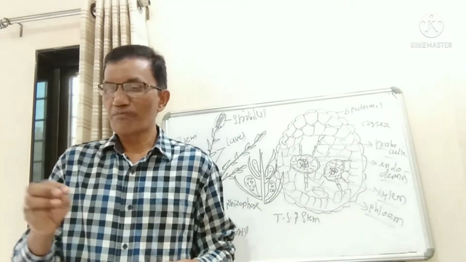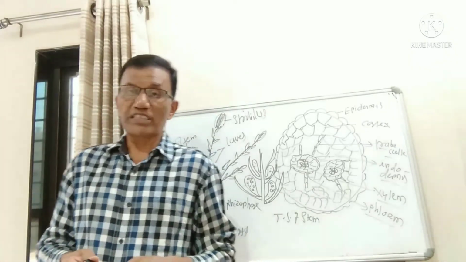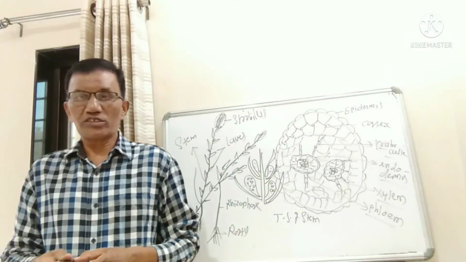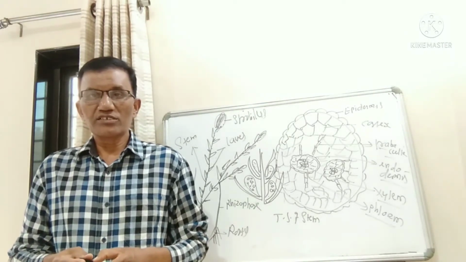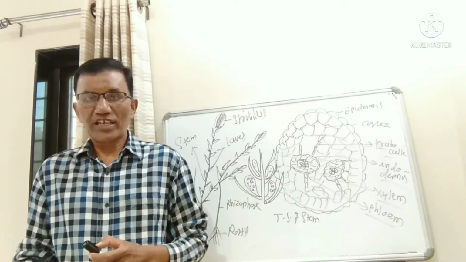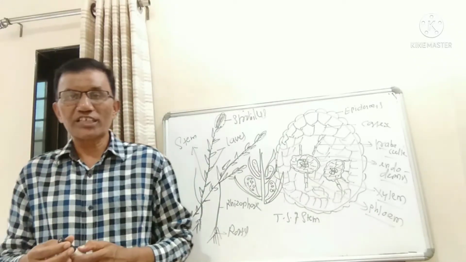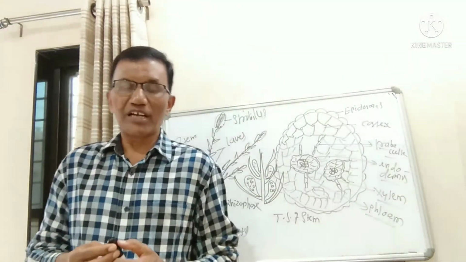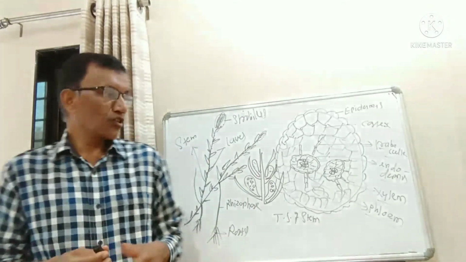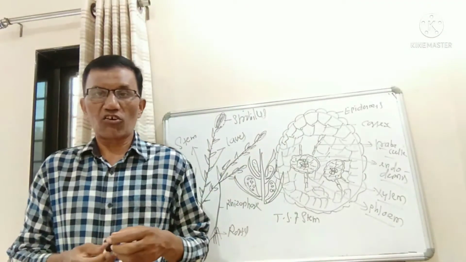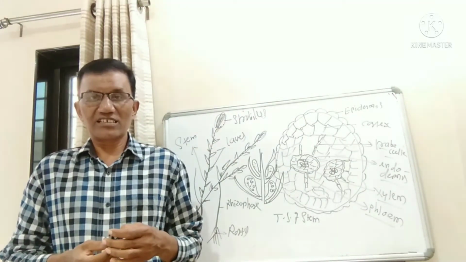That process is known as fertilization. After fertilization, the zygote, which is diploid, germinates and gives rise to a sporophytic plant, which is differentiated into root, stem and leaf. In this way the life cycle of Selaginella continues.